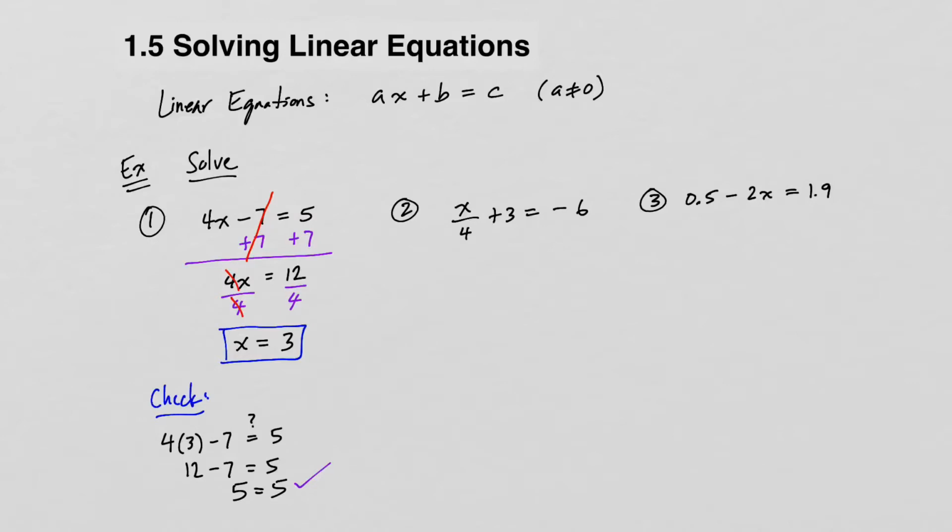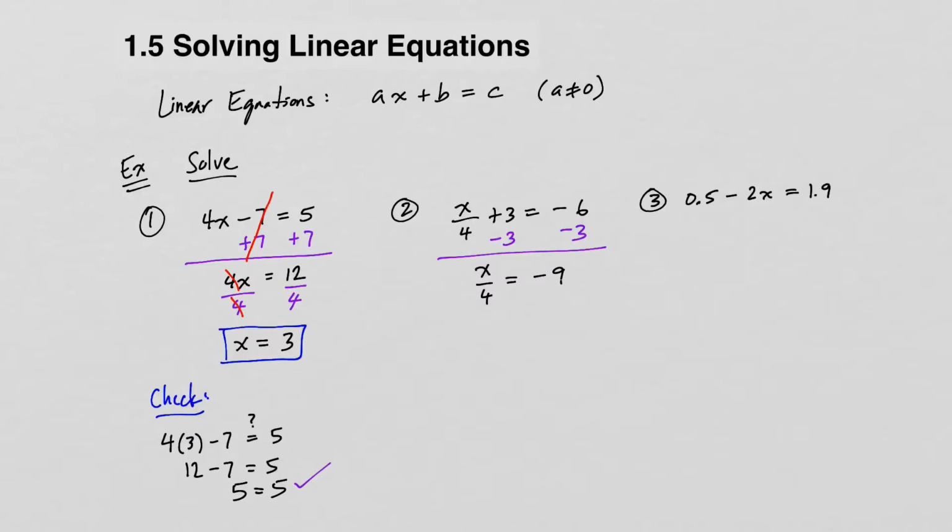Okay, so for our next example, it's very similar. To solve for x in this equation, we're going to start by subtracting 3 from both sides so that we can get rid of the plus 3 that's there. When we do that, we end up getting x over 4 equals negative 6 minus 3 is negative 9.